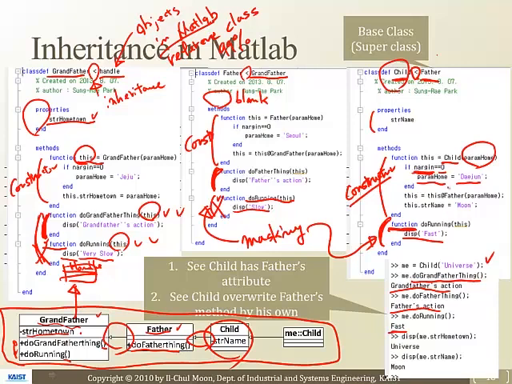And if paramHome comes in, then this at father actually calls the father's constructor, and paramHome is passed to here, right? And paramHome is passed here, and then if nargin is 0, which is not happening here, and we are going to explain this later, paramHome then calls the grandfather's constructor.